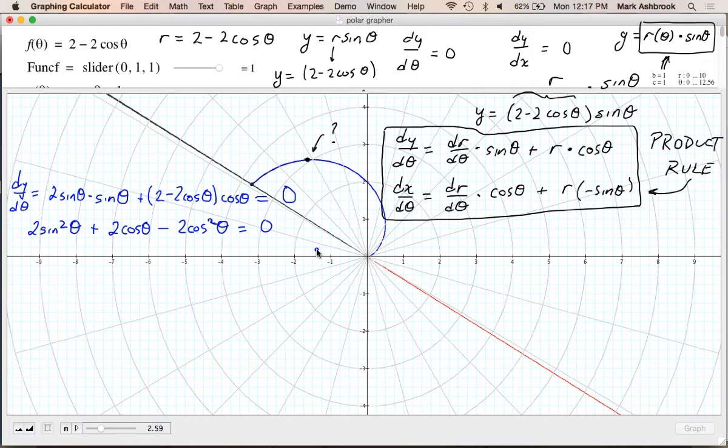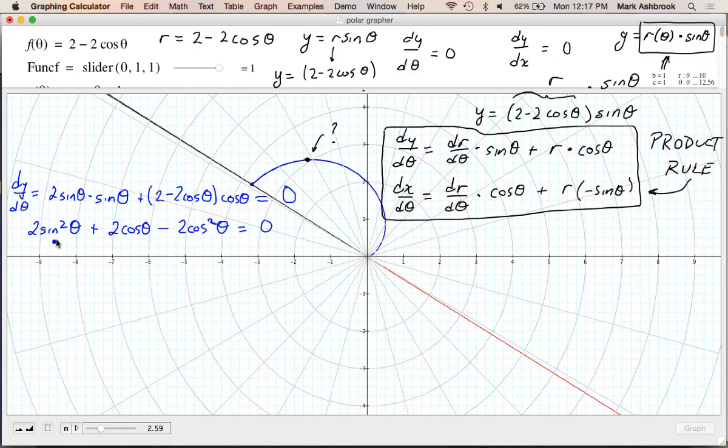So I first just multiply everything out. I multiplied things together and distributed the cosine theta to the 2 and the minus 2. What we see here is a quadratic, because I have a cosine to the first and a cosine squared. I could solve for theta if I had purely a quadratic in cosine.